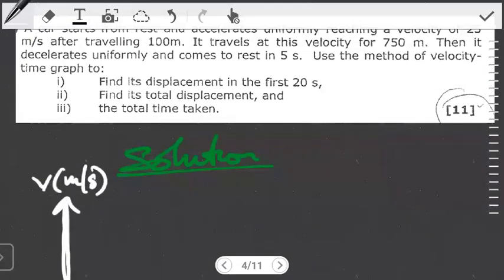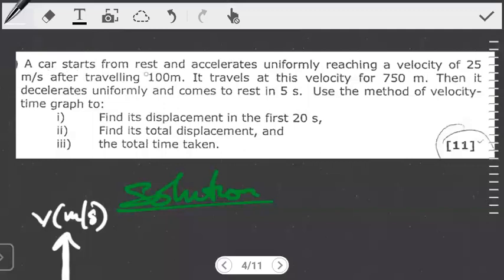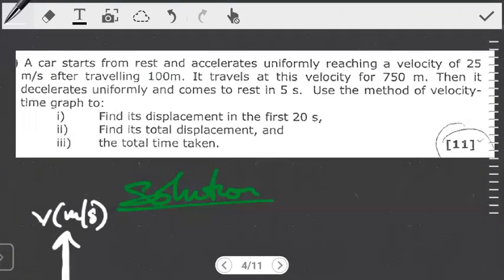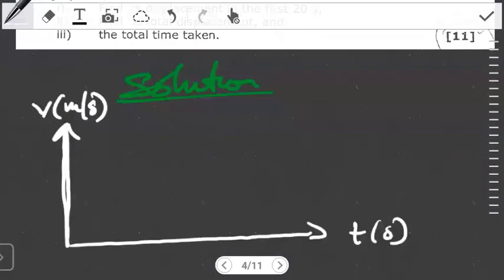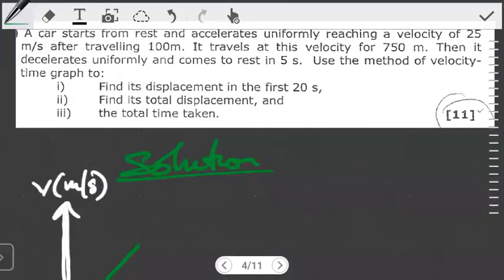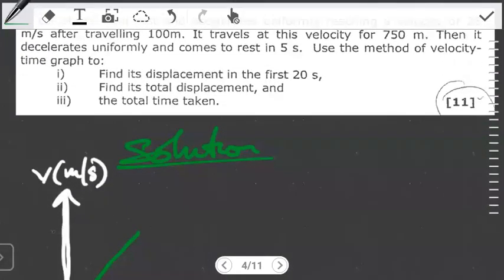Well, it starts by saying a car starts from rest, accelerates uniformly, reaching a velocity of 25 meters per second. So from rest, we started from the origin, uniformly. So we have something like this until the velocity becomes 25 meters per second. Just write a 25 since I already have the units up here.